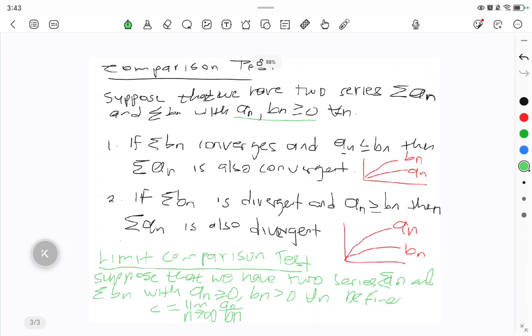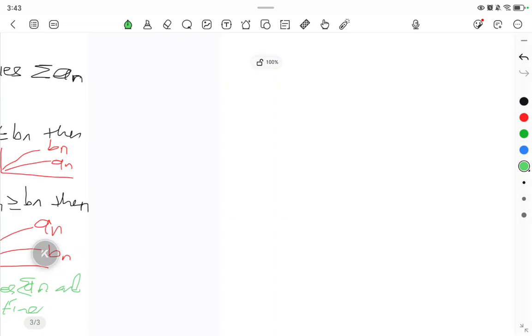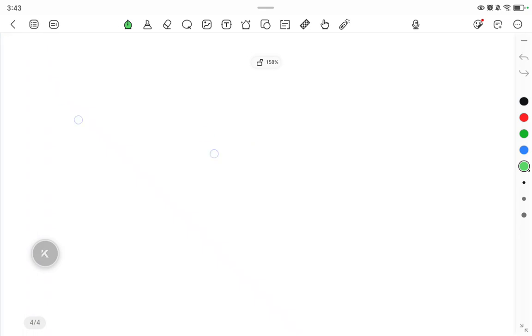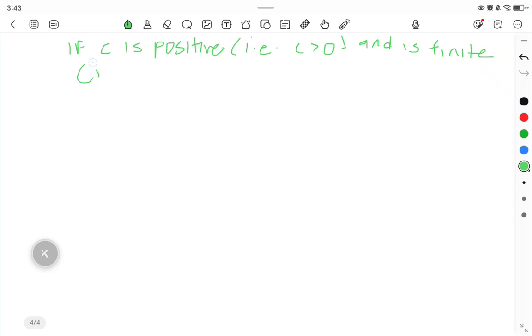So now we say this. We want to discuss the convergence now. We say that if c is positive, meaning c is greater than 0 and is finite, meaning c is less than infinity, you see, right?